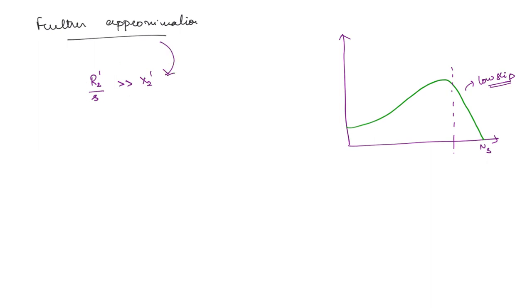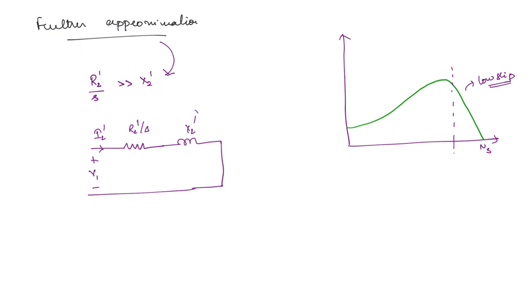Now, what is the result of these approximations? We can simply ignore X2 dash because they are in series. See, we have neglected ZTH; RTH and XTH are 0. So, what was left out? R2 dash by S, and this is X2 dash. Now, this is the current I2 dash. What was the voltage? The supply voltage was given here, V1.